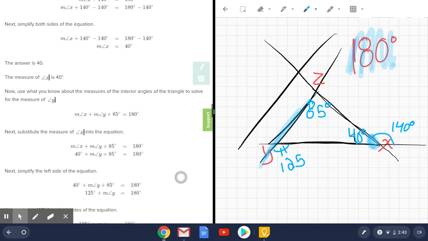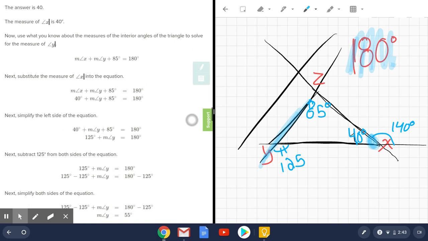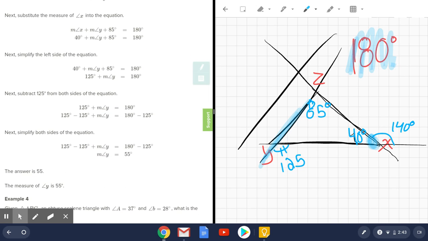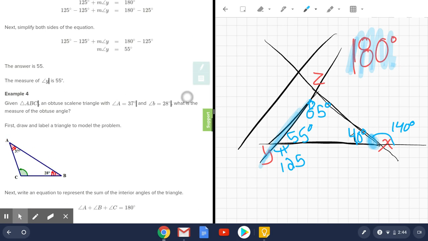Pause it, think about it. If you got 55 degrees, you are absolutely correct. So we found out that 85 plus 55 plus 40 equals 180. We found the answer for that one, guys.